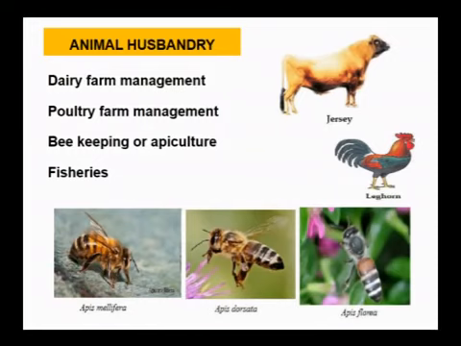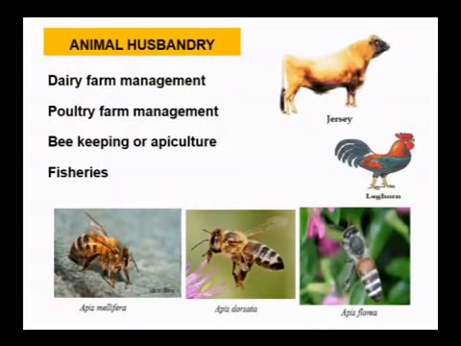So in dairy farm management, we study about improvement of the milk and its yield, followed by the quality. In poultry farm management, we strategize the improvement of the production of meat and egg from poultry birds.